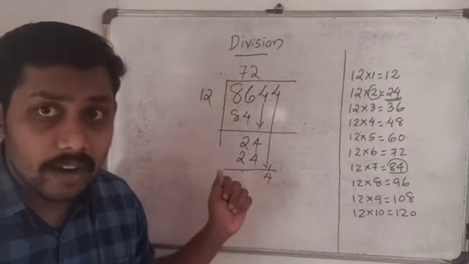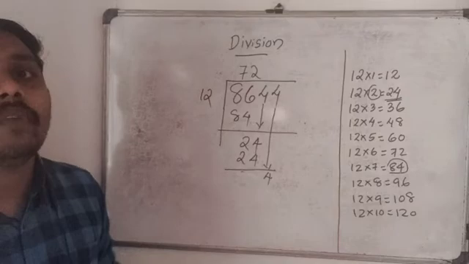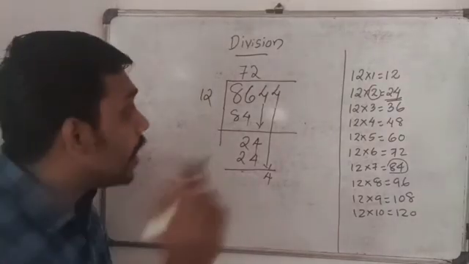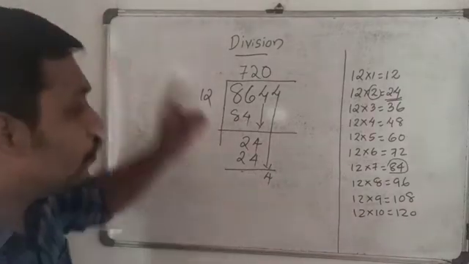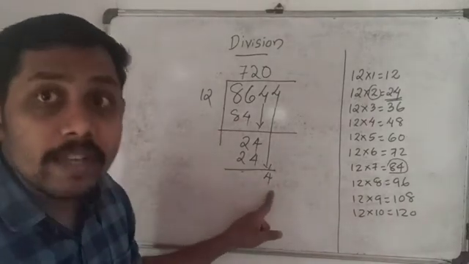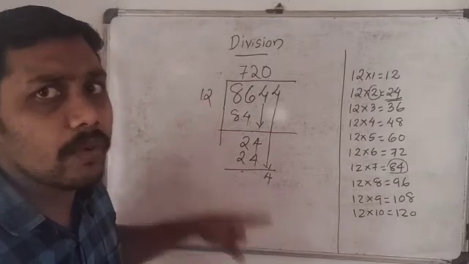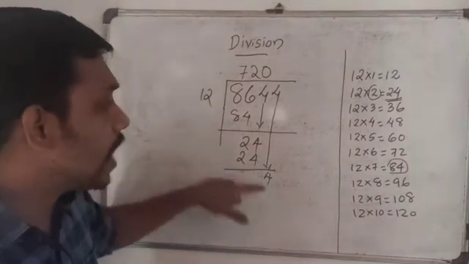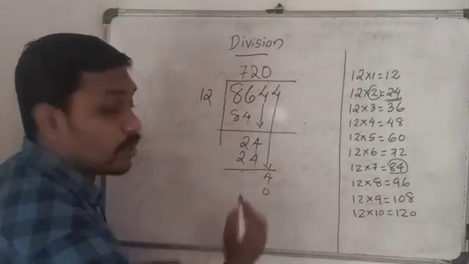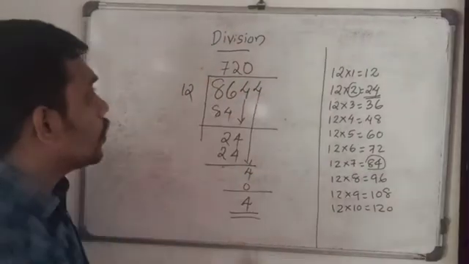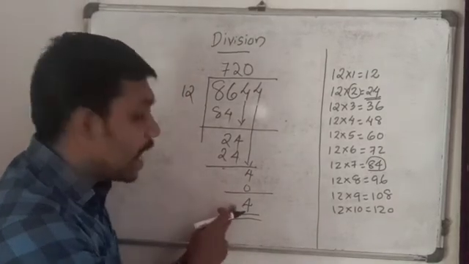If the dividend is less than the divisor, we need to write 0 in the quotient. Understand? 4 is less than 12, isn't it? So we need to write 0 in the quotient. 0 12s are 0. 0 into 12 is 0 and the remainder is 4.